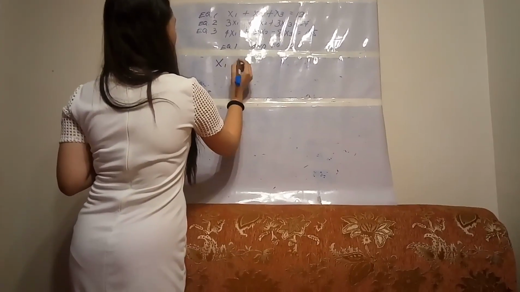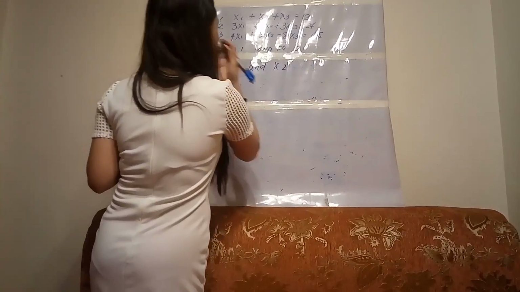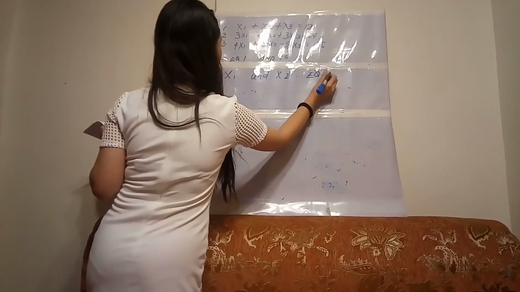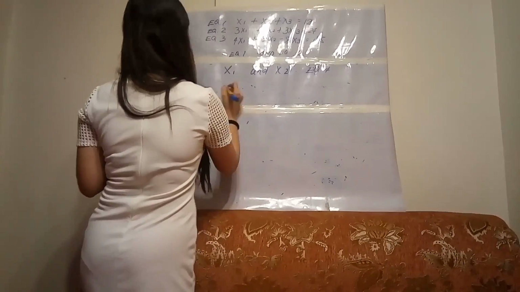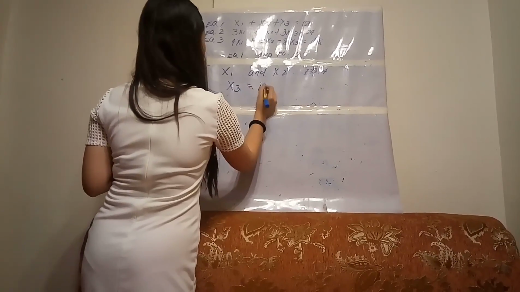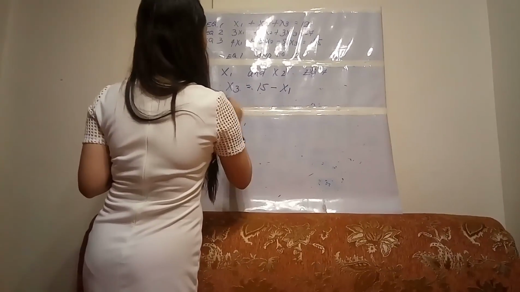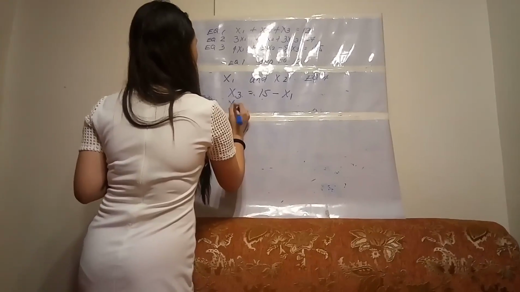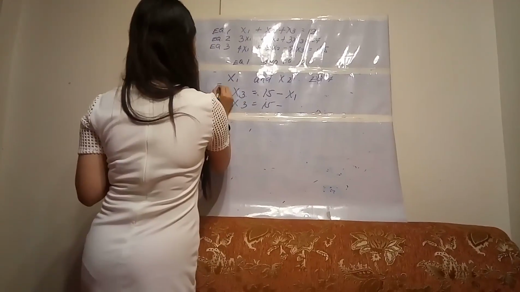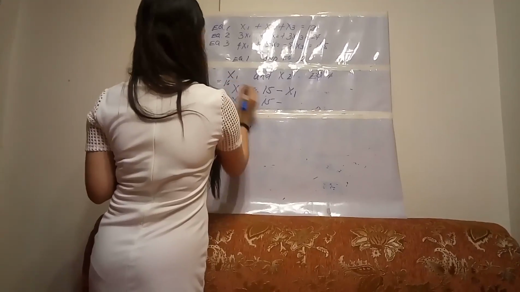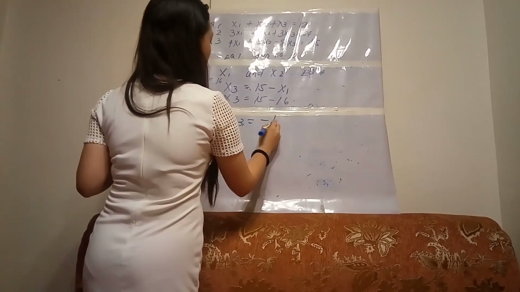Substitute the value of x1 and x2 in our fourth equation, which is x3 is equal to 15 minus x1, and then x3 is equal to 15 minus 16. So x3 will now be equal to negative 1.